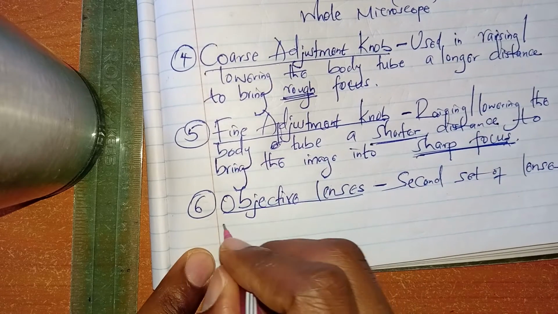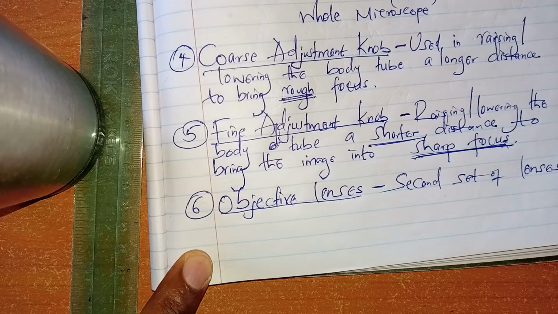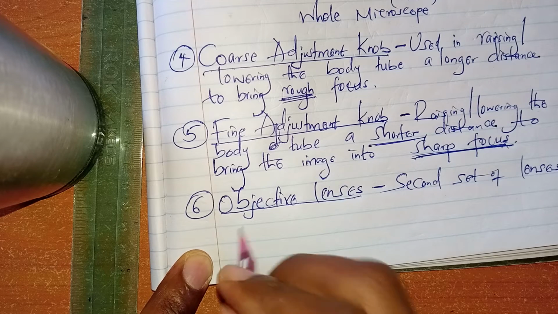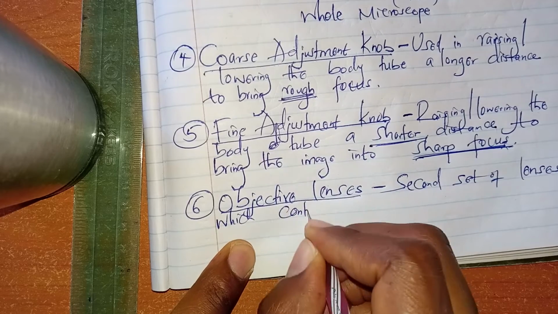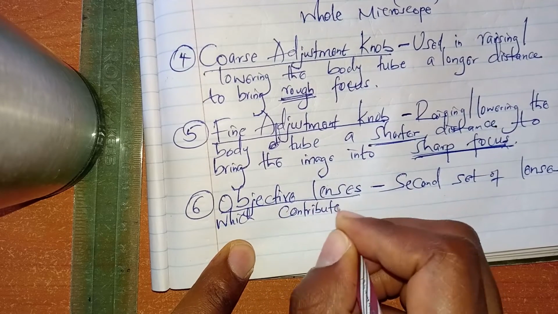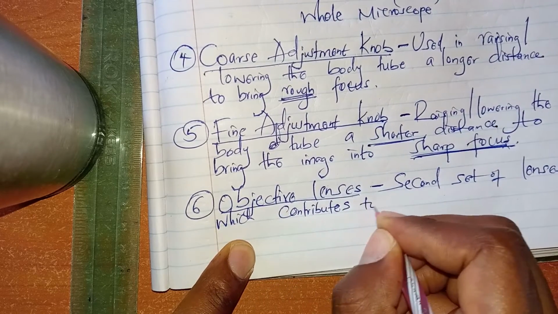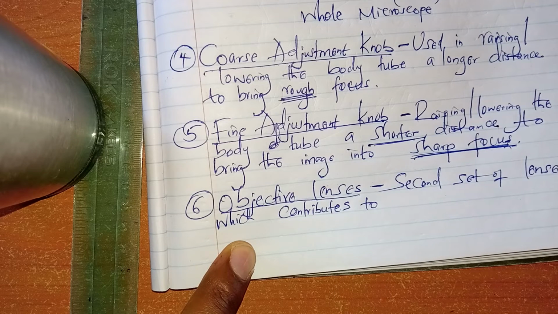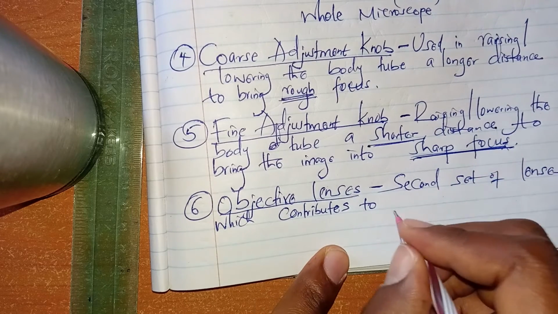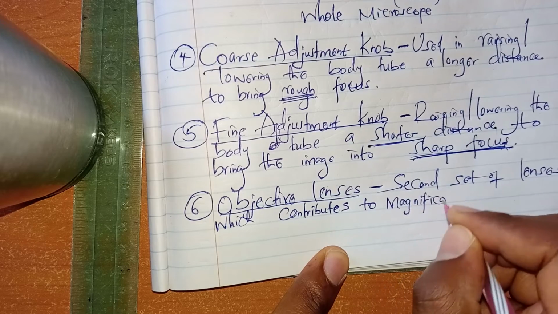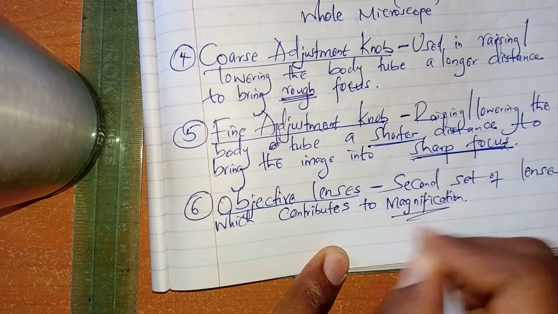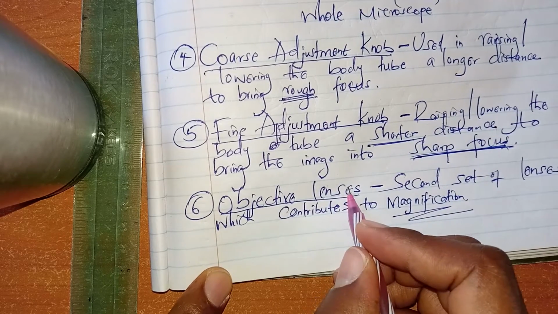Used in combination with the objective lenses, that is the eyepiece lenses, which contributes to magnification of the specimen. I want to repeat that the objective lenses don't work alone.